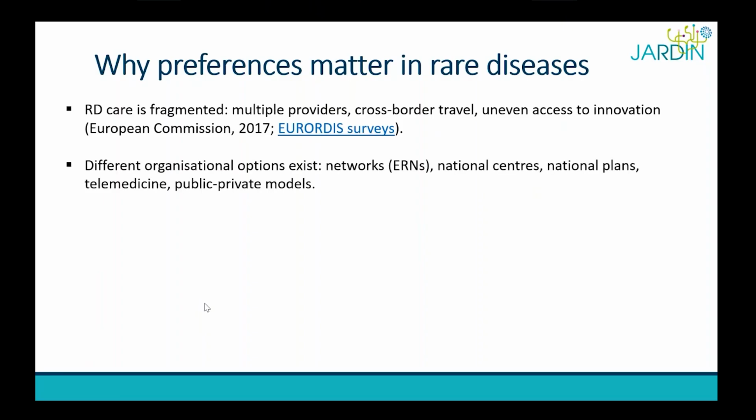So as you know, rare disease care is often fragmented, and patients and caregivers, for instance, might see several providers, and there could be cross-border travel that may be needed, and travel can be long, and there could be uneven access to innovation. And of course, access to innovation may depend on where people happen to live.